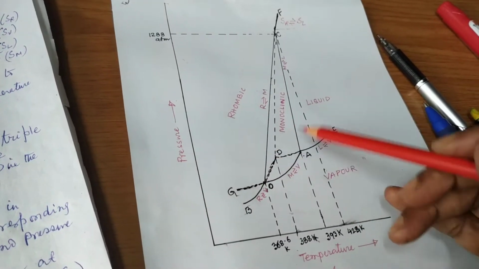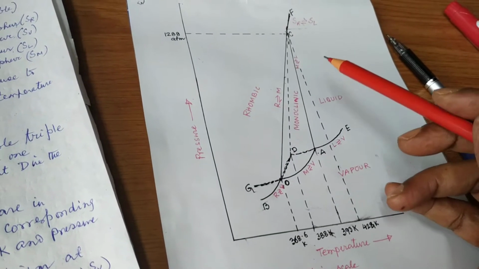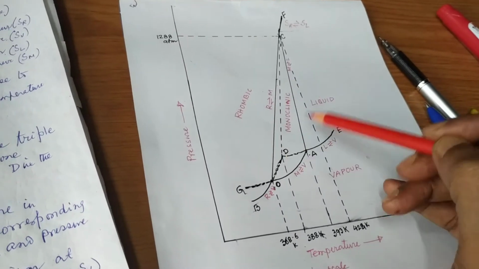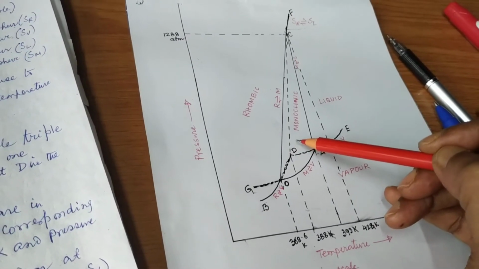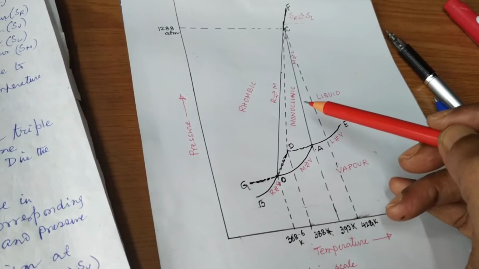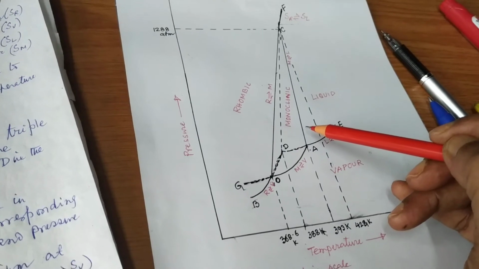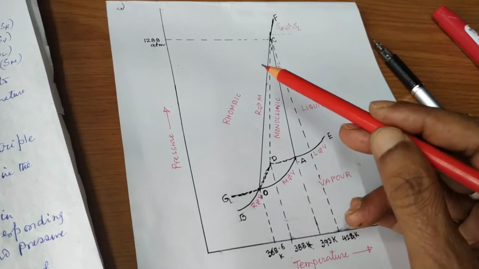Now these areas are always bivariant, because to locate any point in these areas, both temperature and pressure are to be fixed.